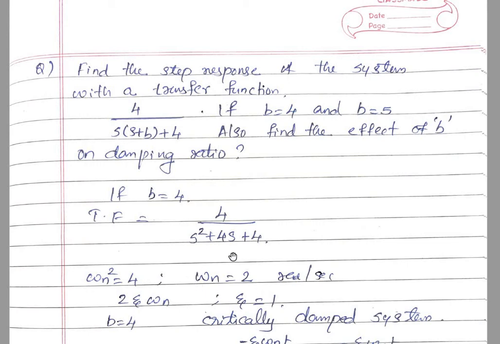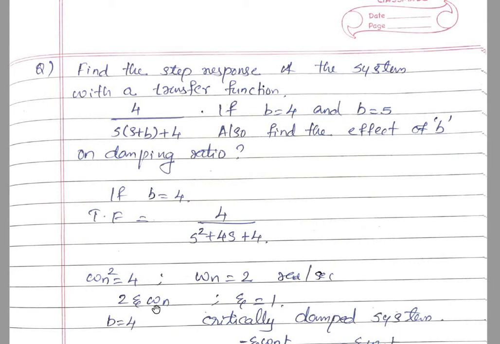Now, 2 zeta omega n is equal to what? We have 2 zeta omega n equal to 4 here, that is the coefficient of s. By substituting the value of omega n, we will get damping ratio zeta equal to 1.